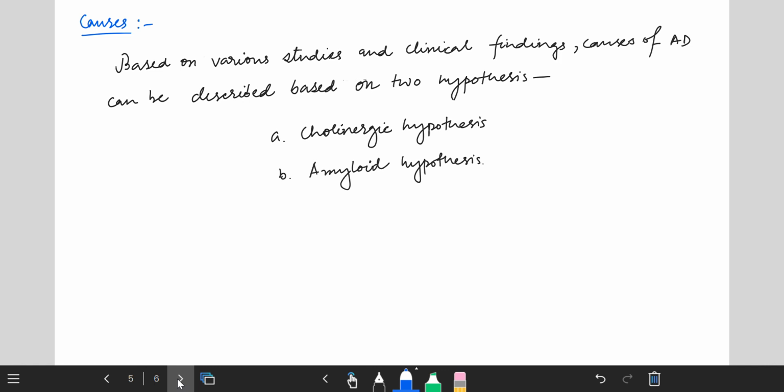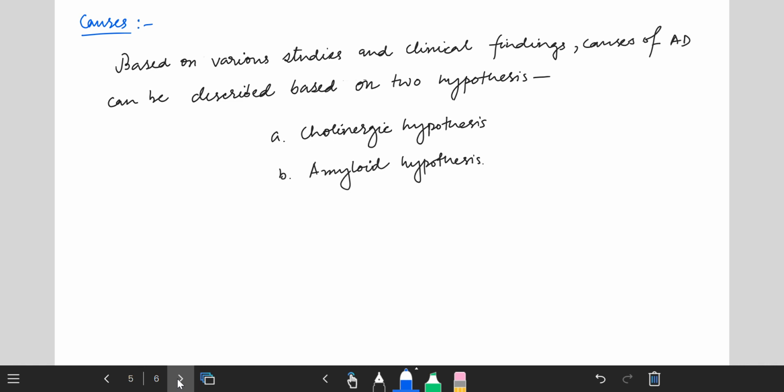What is atrophy? Just shrinking of the brain. If there is atrophy of the brain, it will obviously decline memory, thinking, learning, etc. Based on various studies and clinical findings, causes of AD can be described based on two hypotheses. First one is the cholinergic hypothesis, second one is the amyloid hypothesis.